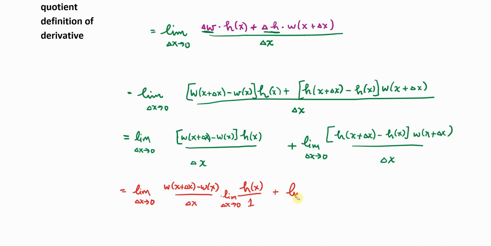So it's going to be the limit as delta x approaches 0 of this first fraction, h of x plus delta x minus h of x, all of this over delta x, times the limit as delta x approaches 0 of w of x plus delta x.